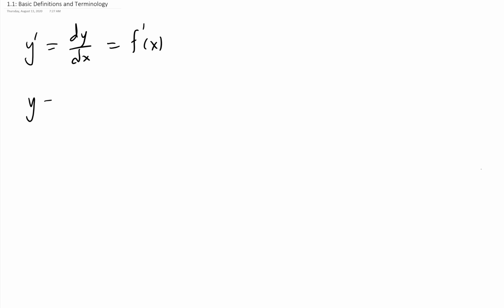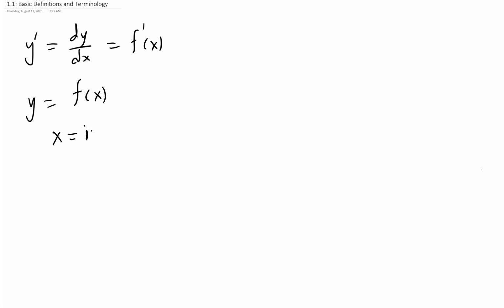In general, when we write y equals f of x, x is called the independent variable, or it depends how people usually write it down, but it's important to see what this means.